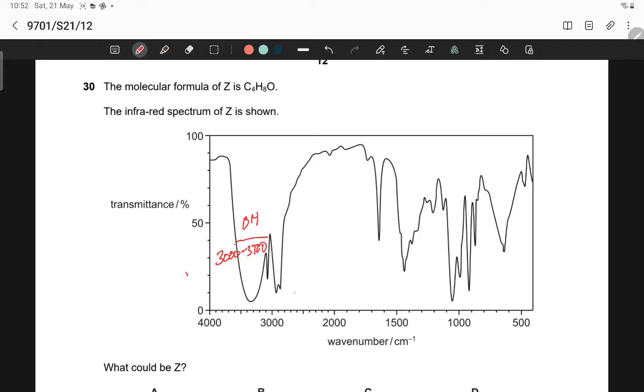and this peak is of alkene, which is of 2850 to 2960.